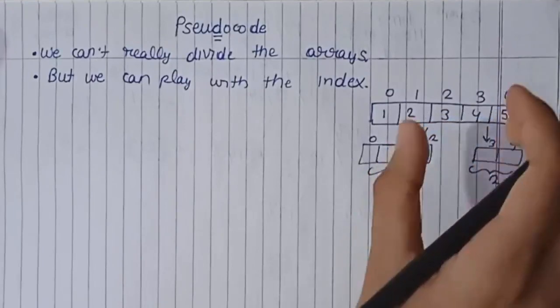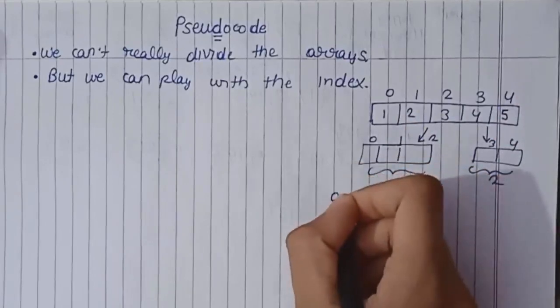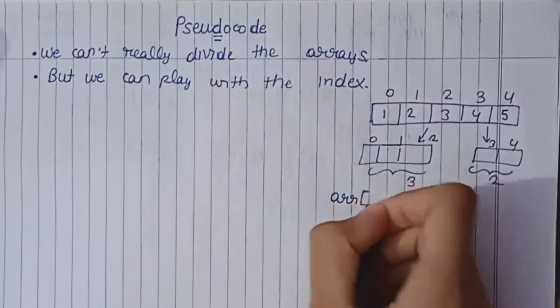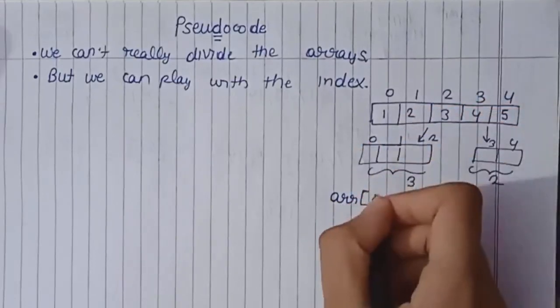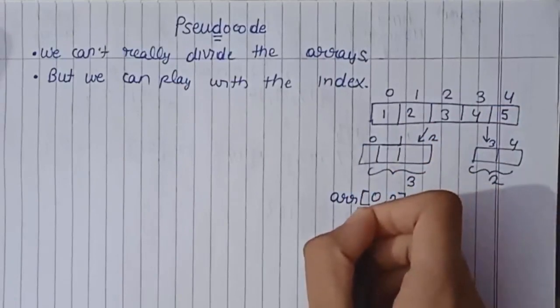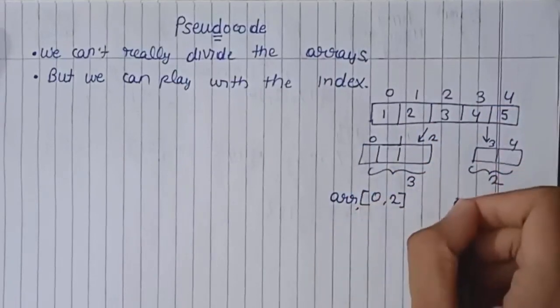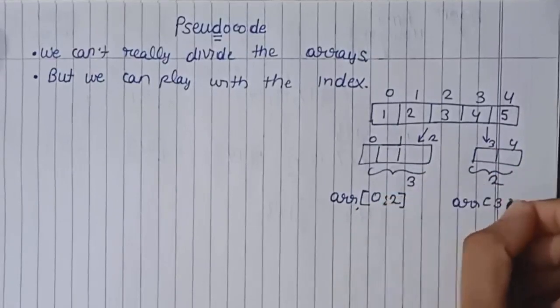How it can be done in code is, you can make a function and tell that function that it needs to consider the array only from 0 to 2, and that it needs to consider the second array from index 3 to 4.